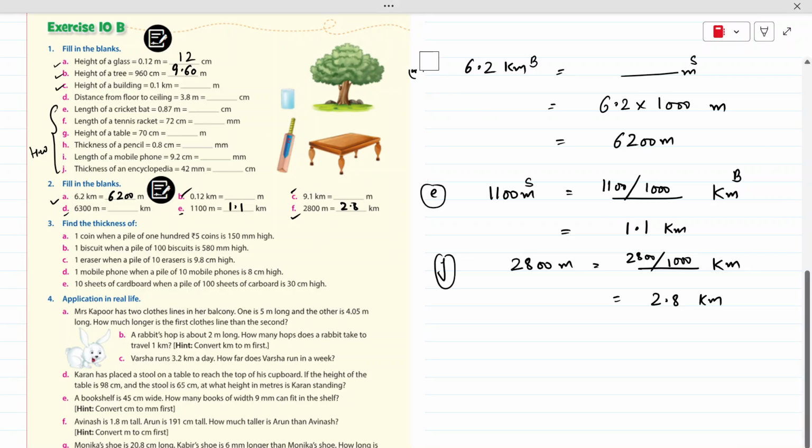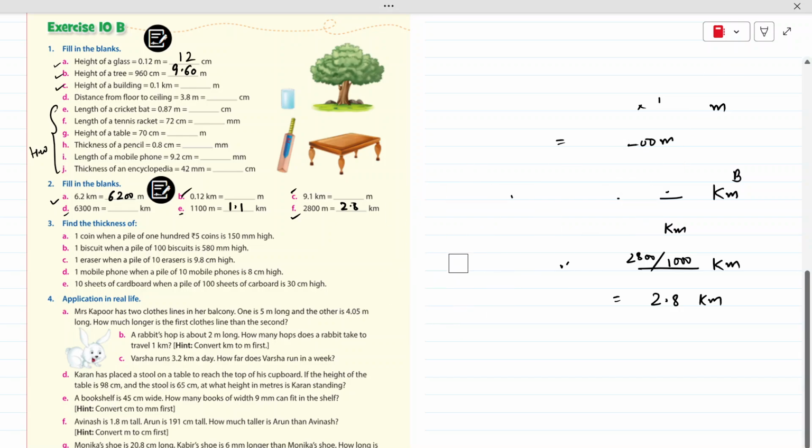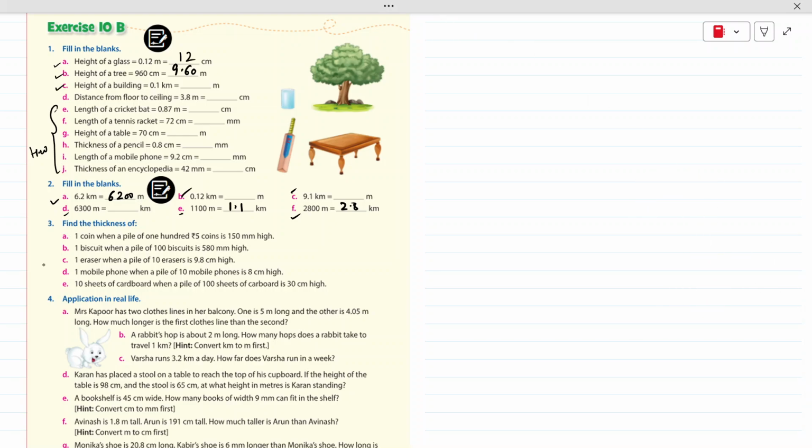Next question, we have to find the thickness. Here we have to find the thickness in the given scenarios. So in the first question, we have to find the thickness of one coin when a pile of 100 5 rupee coins is 150 meters high.